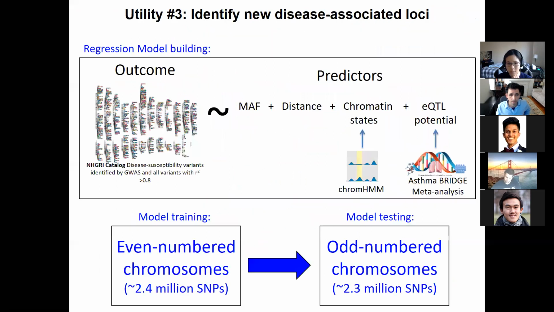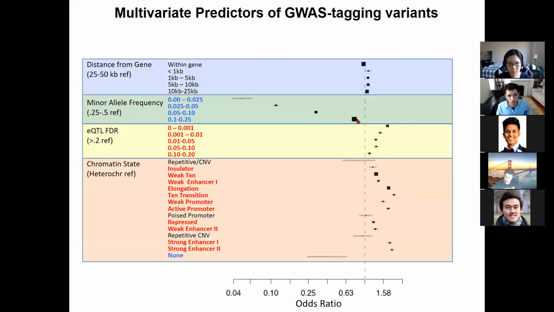You can also see that by including QTLs in your studies, you are able to predict GWAS loci with higher and higher power. By filtering only by the distance from the gene, or the minor allele frequency, or the chromatin state, you get more or less power. You can see here, for example, that focusing on enhancers can increase your power in these settings.